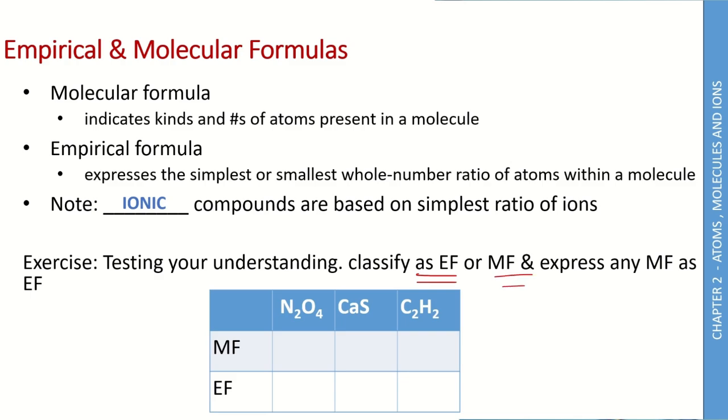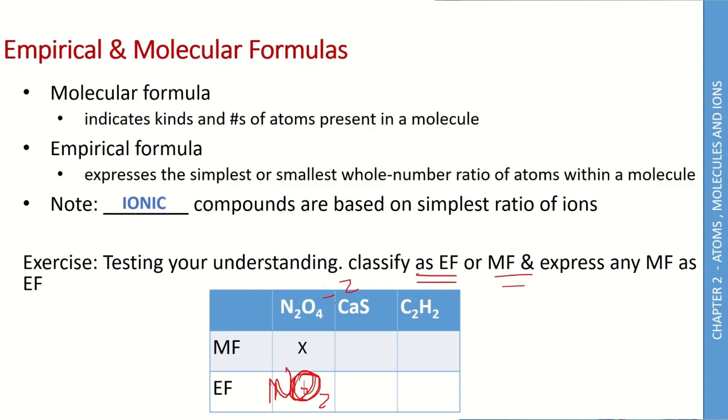So if you go to N2O4, is that molecular or empirical formula? It's molecular. If I have to write down an empirical formula, I would divide by 2, right, both sides, and I would have NO2, right?